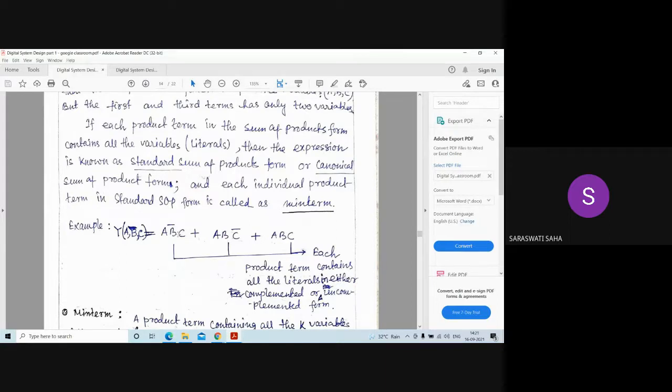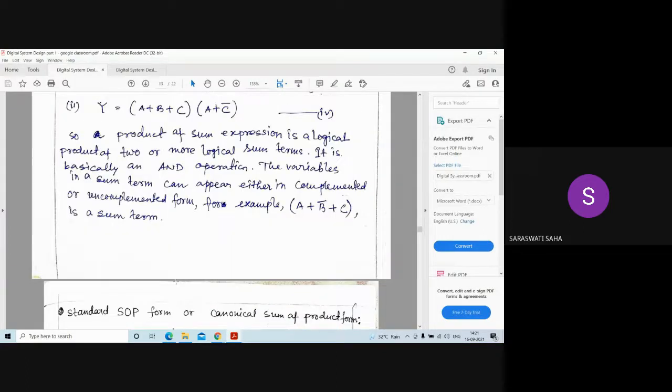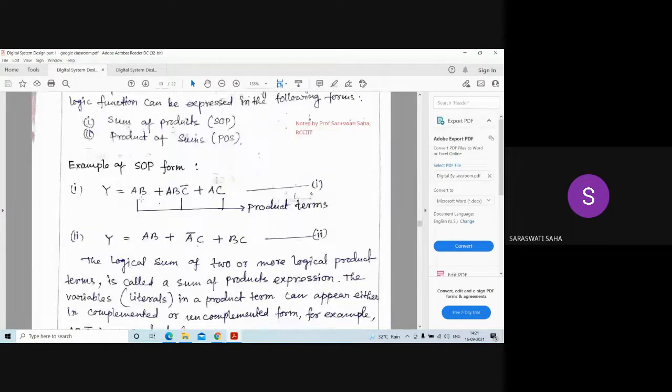Please be familiar with these terms: literals, variables, Boolean variable, input variable. All the literals are present here, either in normal form or in complement form. Here, we can guess that the output is a function of three input variables, because the input literals A, B, C are present.